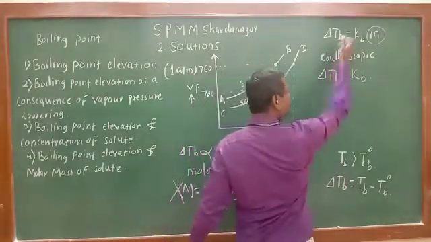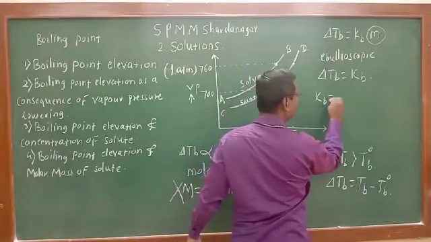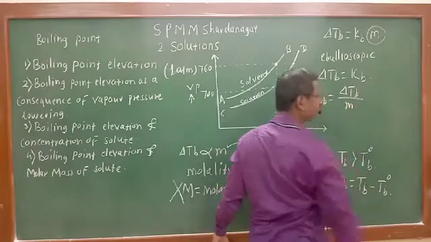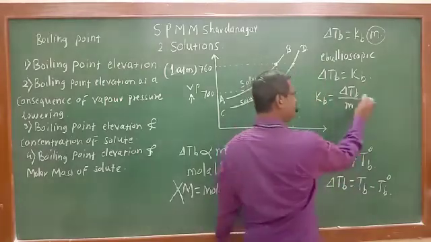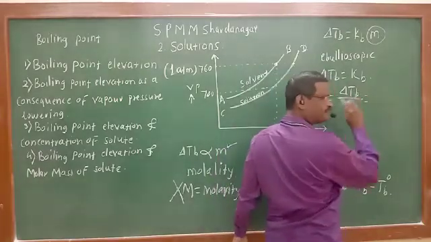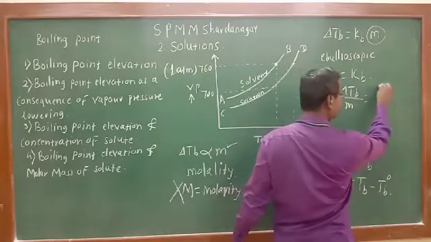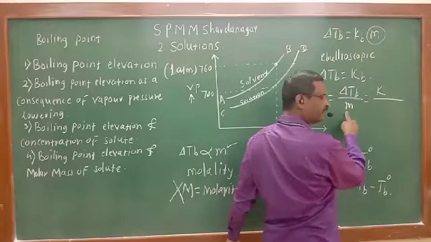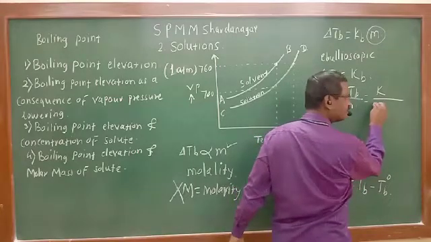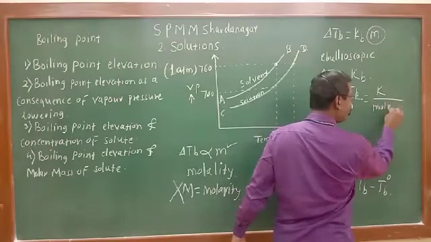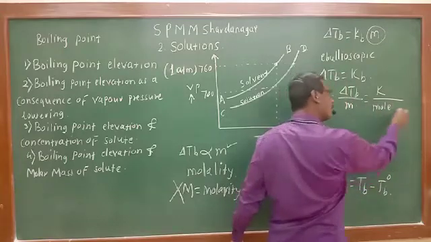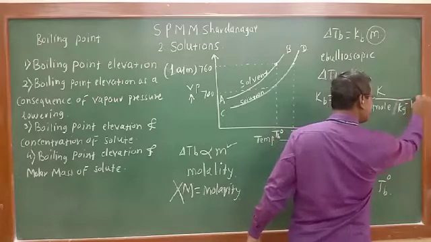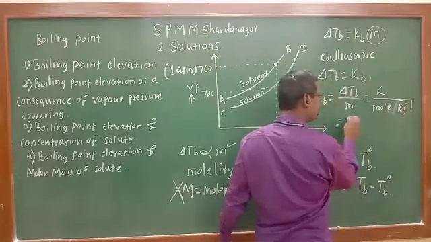From this we can write the unit also. Kb will be equal to delta Tb upon m. What is meant by delta Tb? It is change in temperature, Kelvin, divided by molality, number of moles per kilogram of solvent. So what is the unit?